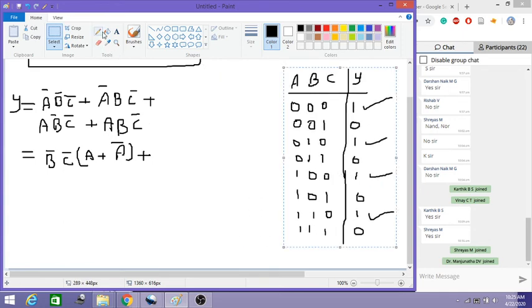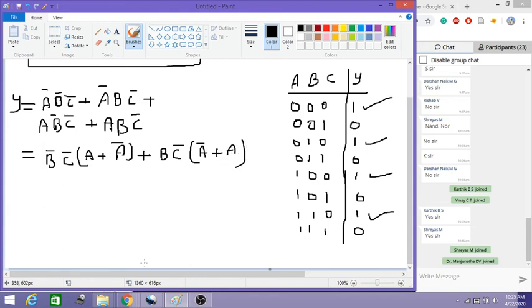So now I'll take B into C bar as common, then I'll get again A bar plus A, and A plus A bar is equal to 1. So I'll get here B bar C bar plus B C bar. So what is again the common term? C bar is common, so I'll get here B bar plus B, again it is 1, so it means I am left with only the term C bar.